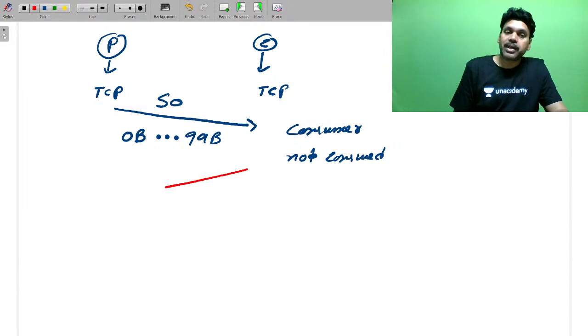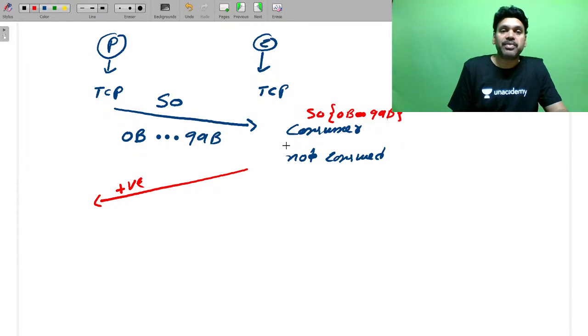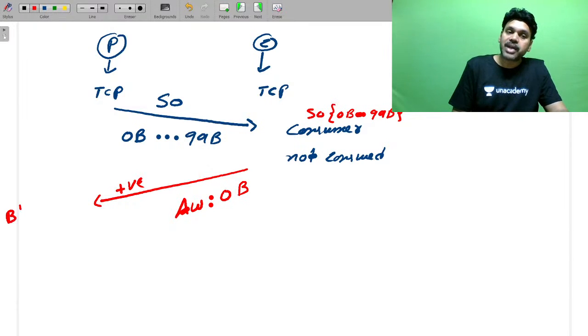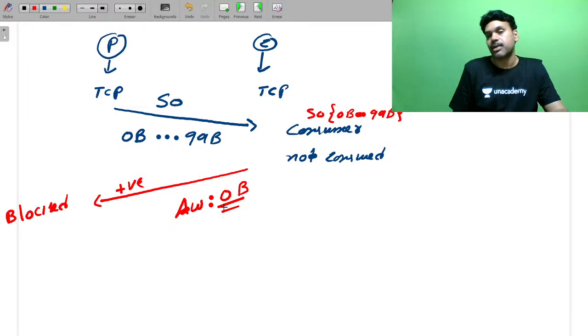Then immediately he gives a positive acknowledgement, fine, because I received your segment 0, but none of the bytes inside are consumed. So I have not got any free space. My free space is how much? 0. I will advertise 0 bytes to him. Now immediately this guy is under block as soon as he receives 0 bytes.